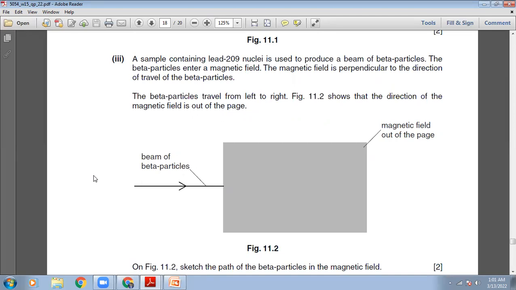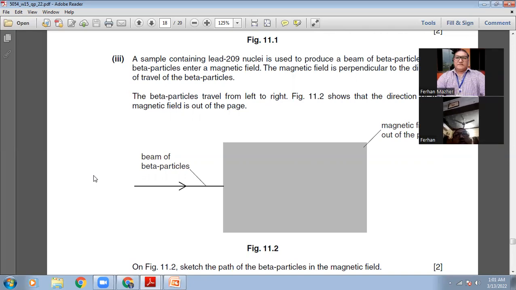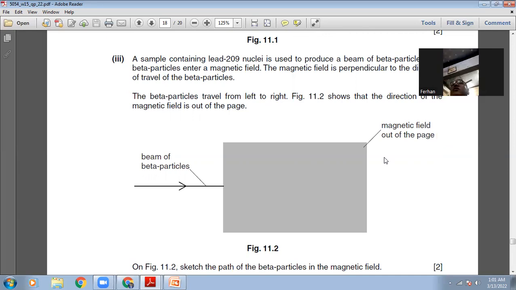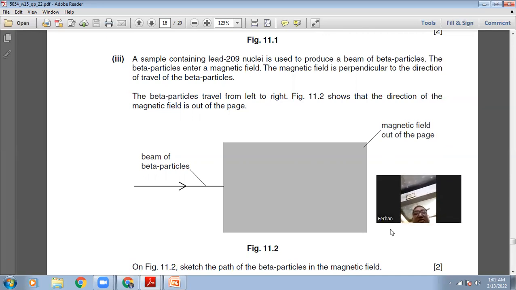So let me switch on my camera and let me show you how this is done. I will use the left hand rule to find out. So here I'm going to apply the left hand rule. Here you can see this is my left hand.